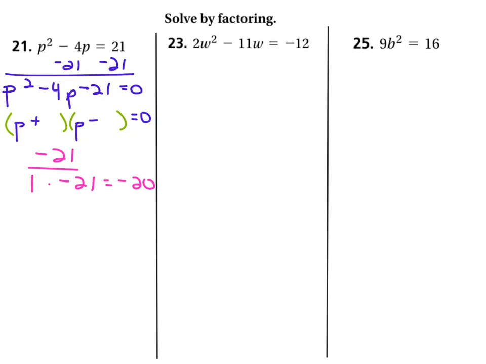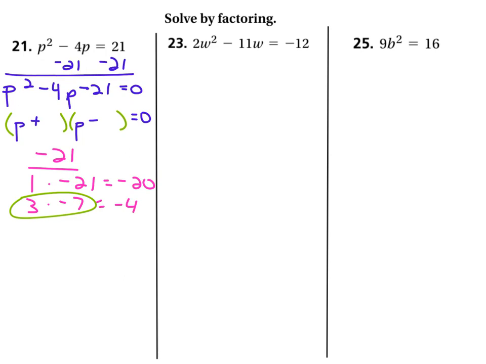Okay, but we don't want a negative 20 or a positive 20. We want a negative 4, this middle b term. So what about 2 times anything? No, it's not even. 3 times anything? Yeah, 3 times negative 7. And those add to be negative 4. That's what we're looking for. So that's our set.